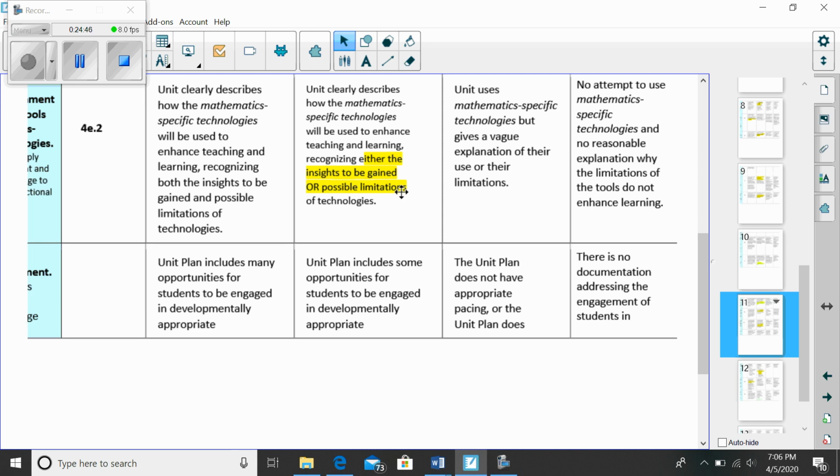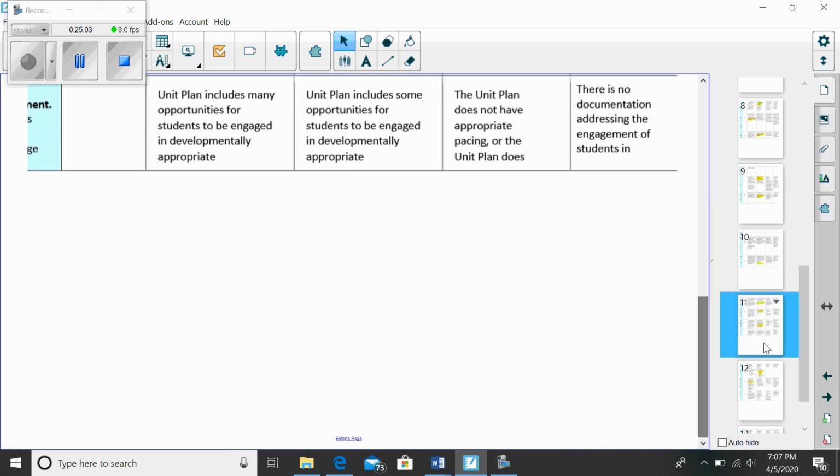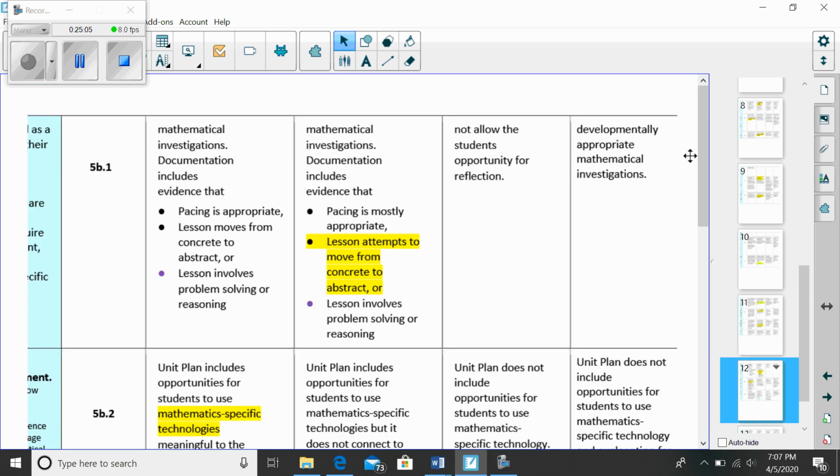Just because you're using technology doesn't make everything in your lesson perfect. What was limited about trying to incorporate that technology? It can't do everything for us. So what were the limitations? Let's see, we're getting there.